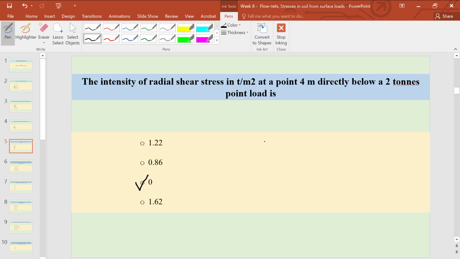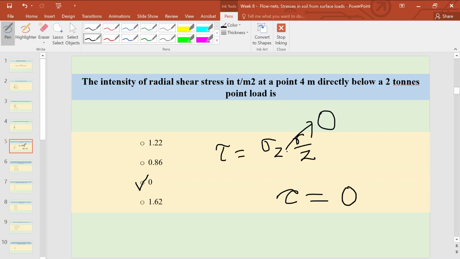So whatever the value of normal stress sigma z is, the radial shear stress tau will be equal to sigma z into r by z. This r equal to 0. Hence, the value of tau will also be equal to 0. Zero radial distance, so radial shear stress equal to 0.